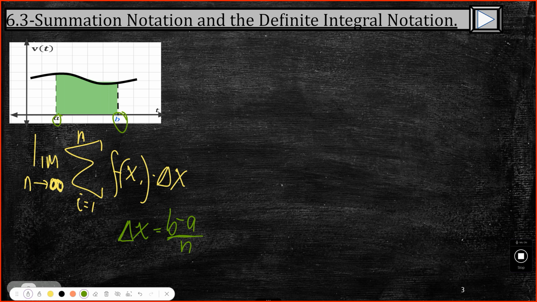What else? x i will equal wherever you started at A. So if we start here, it'll be the lower bound, the left one, A plus that change in x.